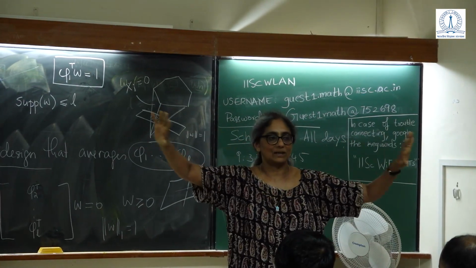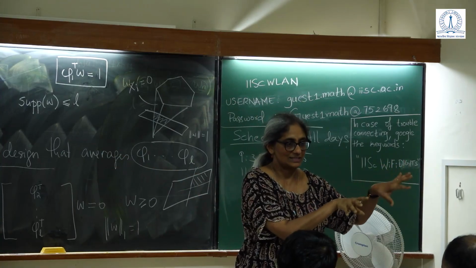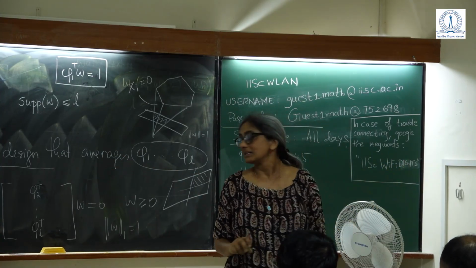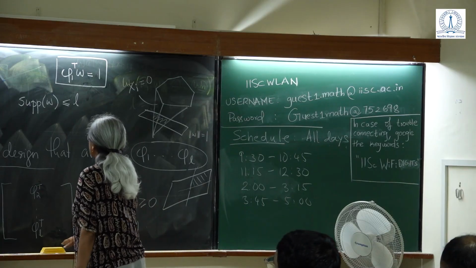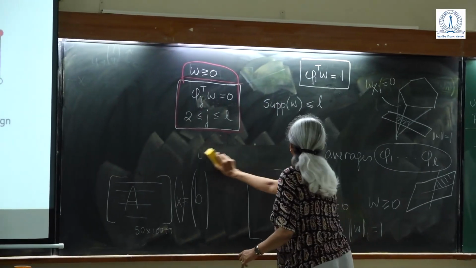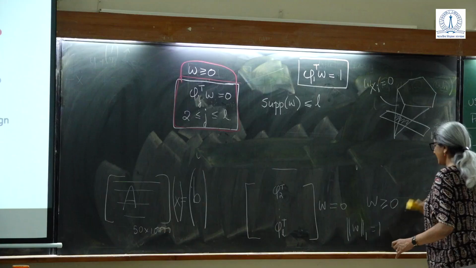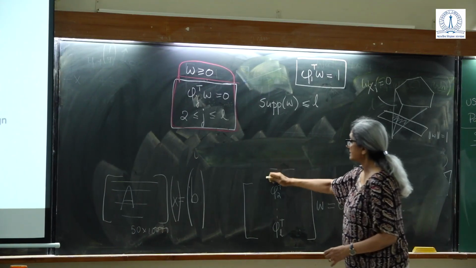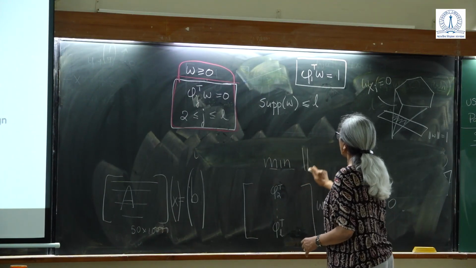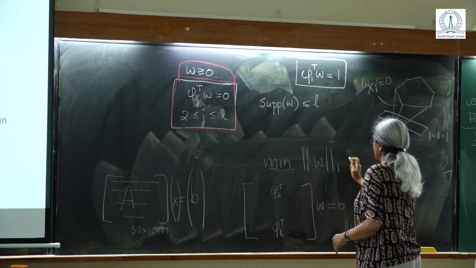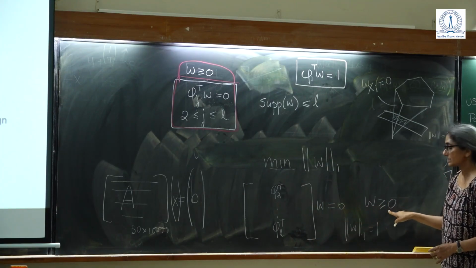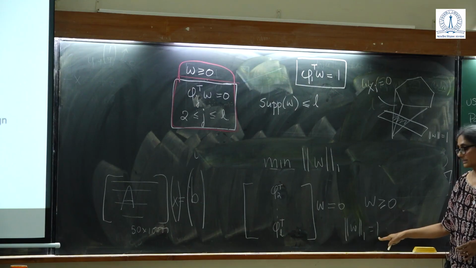So you can hope that there were lots of zeros and the only entries that survived were a few, okay? So the typical way to solve this, what you could do approximately, is to minimize the one norm of w subject to these equations, these inequalities, and maybe this condition.